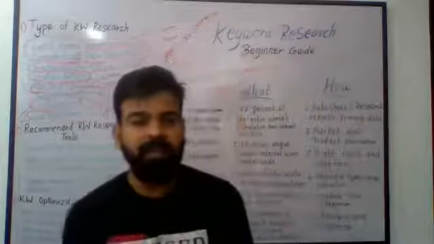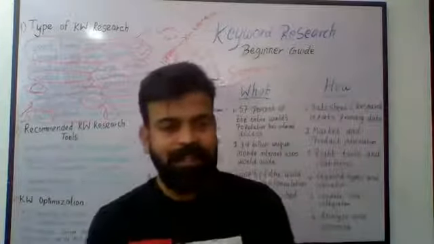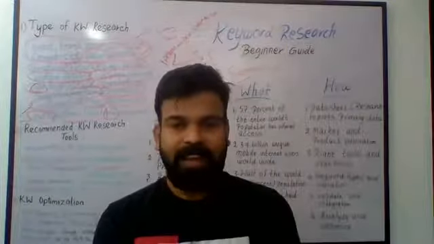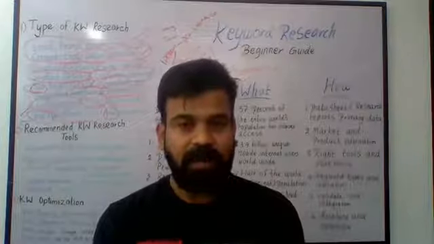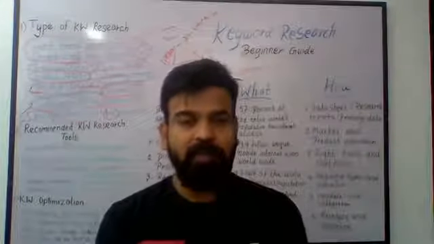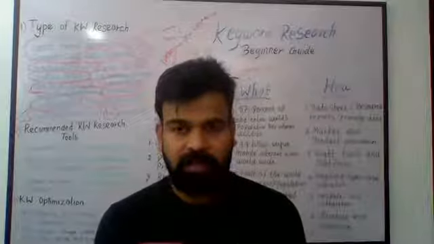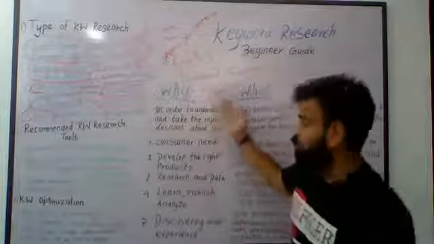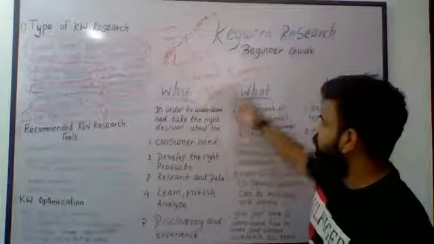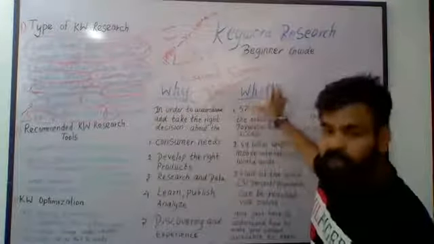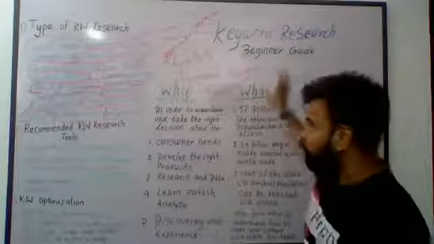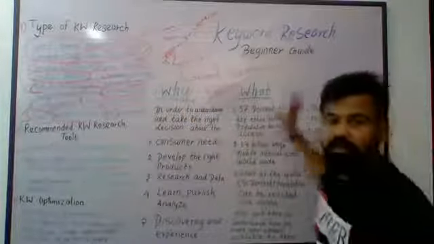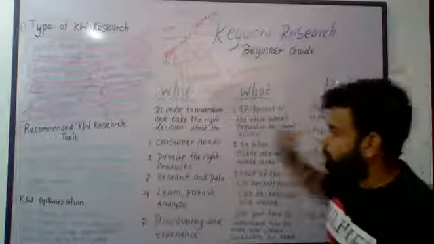If you don't have any further questions, we can wrap it up. So guys, like I said before, quick recap of what we did today. We learned very basic keyword research, especially for beginners, and why it is important and how to do keyword research properly.